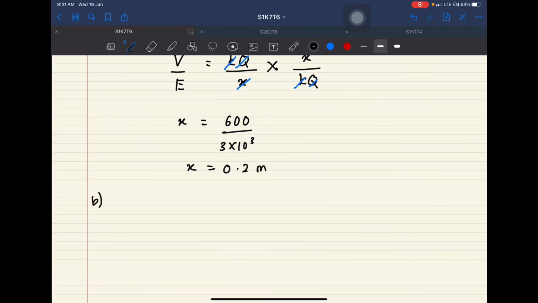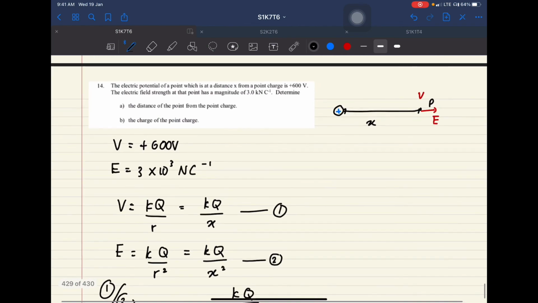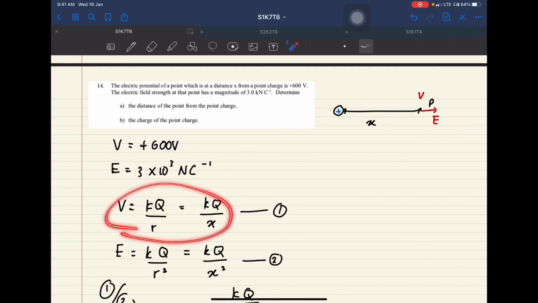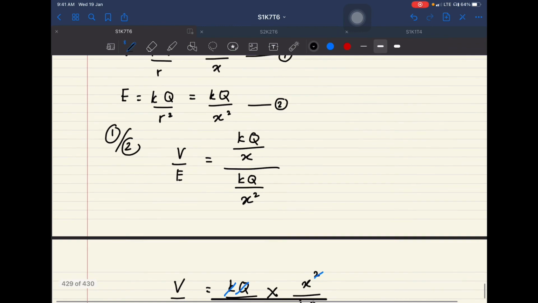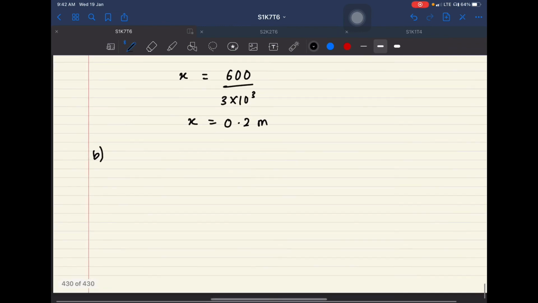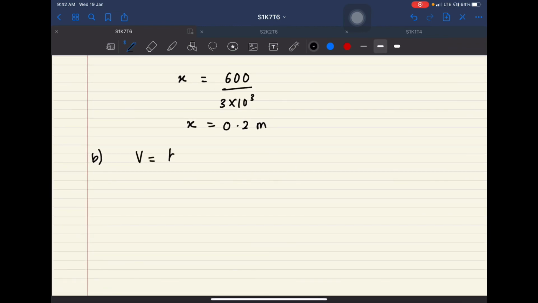For the next question, question B, they ask you to find the charge of the point charge. So now they want to find Q. You can take any equation, but I prefer this one because it looks simpler. Use the formula V equals KQ over R. If V is negative, you have to substitute a negative here. This one is positive, so just leave it as positive.